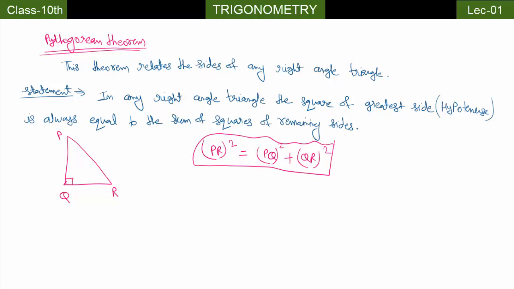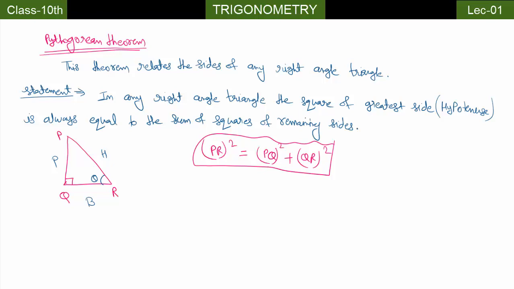Okay. So this is my hypotenuse, and PQ and QR can be perpendicular or base depending on which angle we define as theta. Let's say I define this as theta. Then this is my hypotenuse, the side opposite to theta is the perpendicular, and the side adjacent to the angle theta is the base.